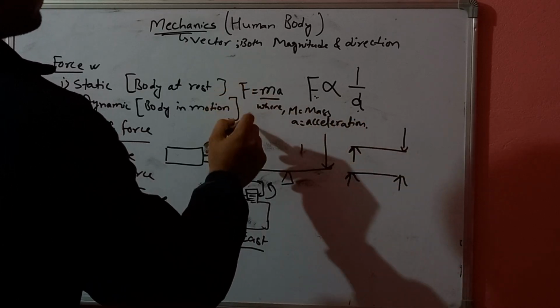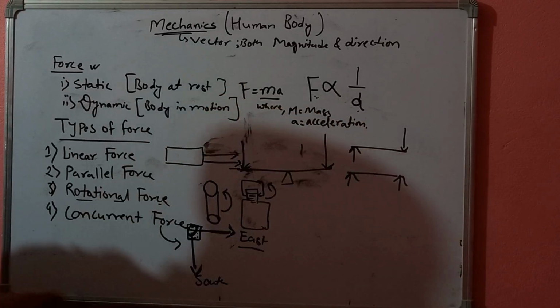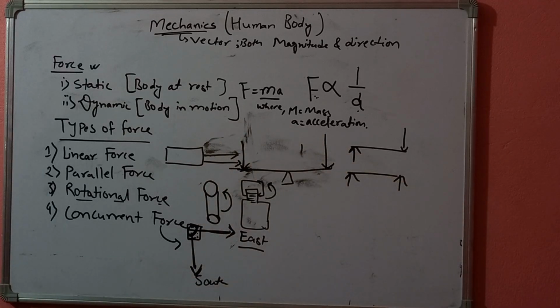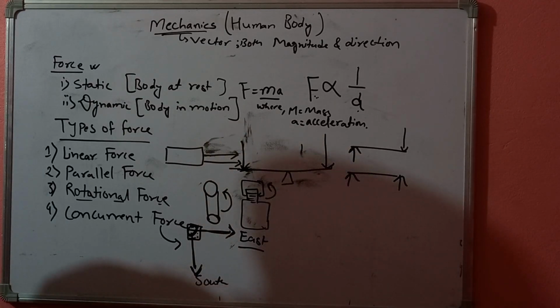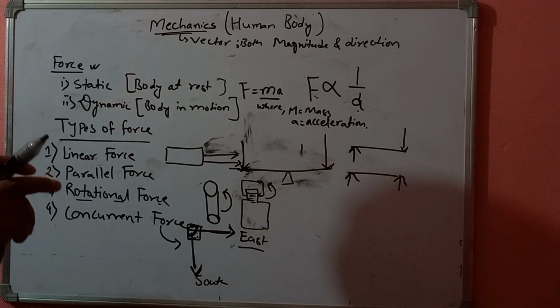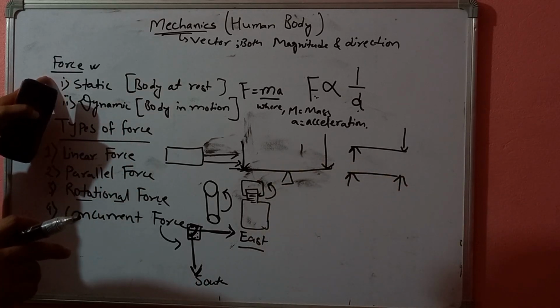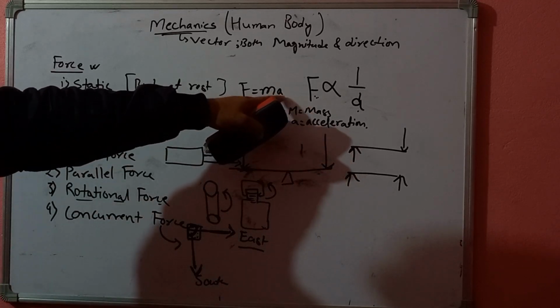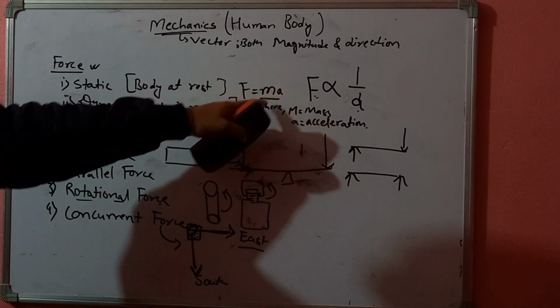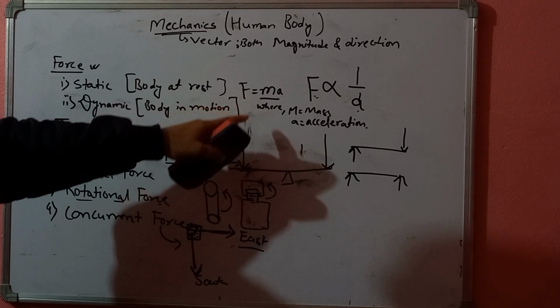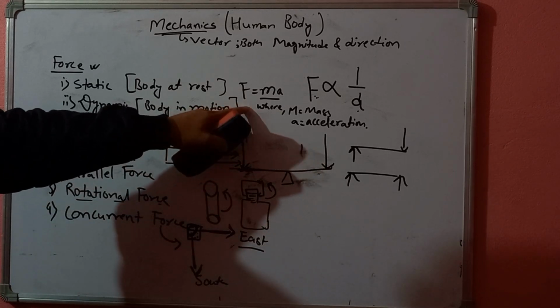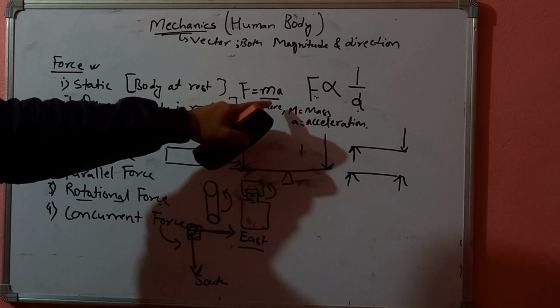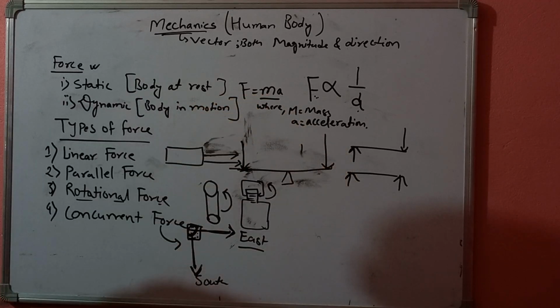If we have a problem to calculate the force, then we should have the body's mass and its acceleration, then we can calculate the force, right? If acceleration is 0, then there will be no force. It means that to have force, there must be some acceleration, a change in velocity or a change in acceleration, right?